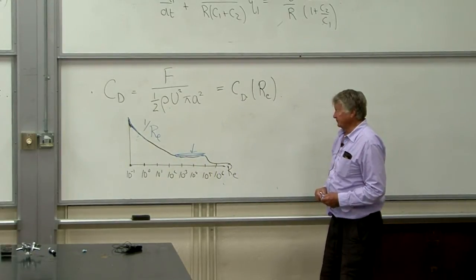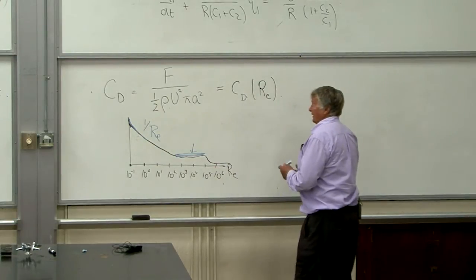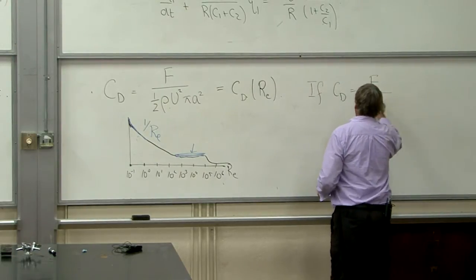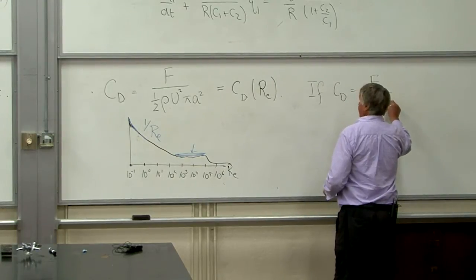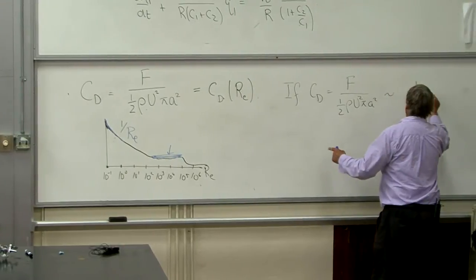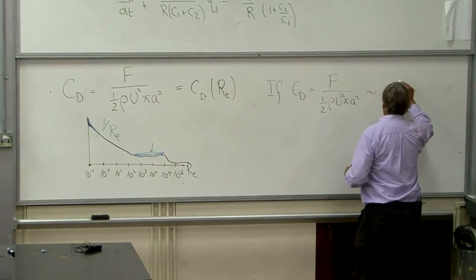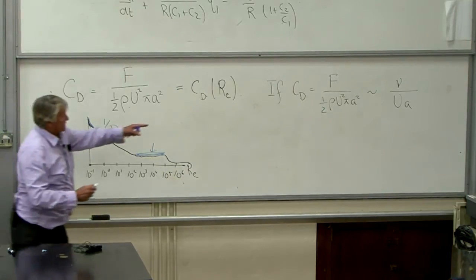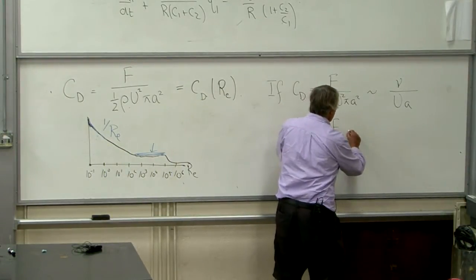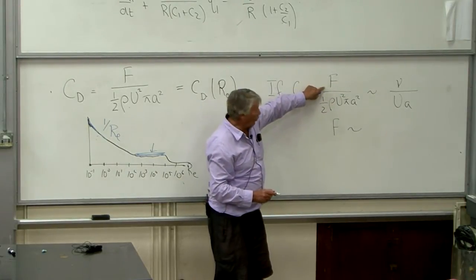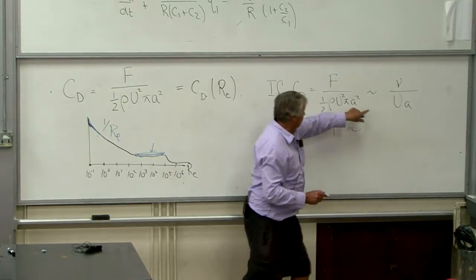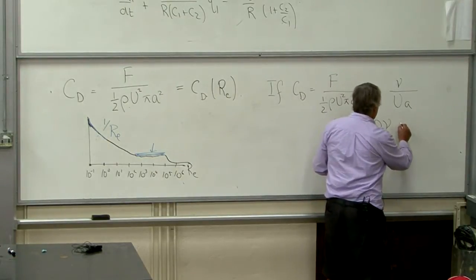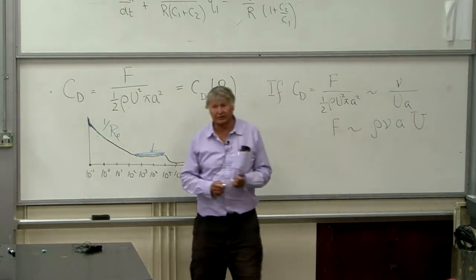On this bit, if CD, which is the force divided by a half rho u squared pi a squared, goes like 1 over r, which is nu over ua, then if I multiply across this equation, one of the u's will cancel, one of the a's will cancel, and the force will be roughly proportional to rho times nu times a times u times some constant.